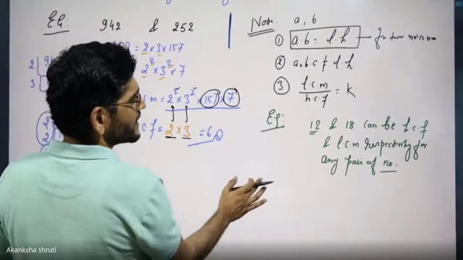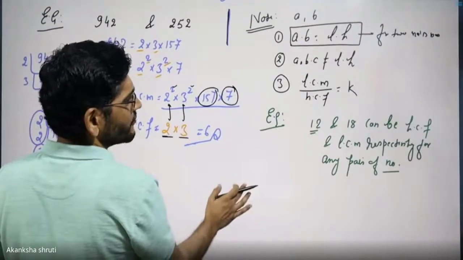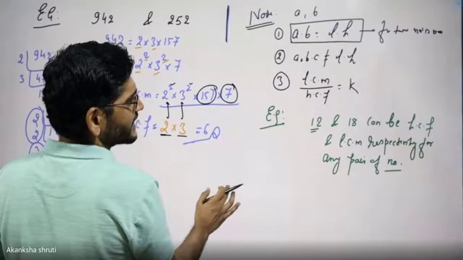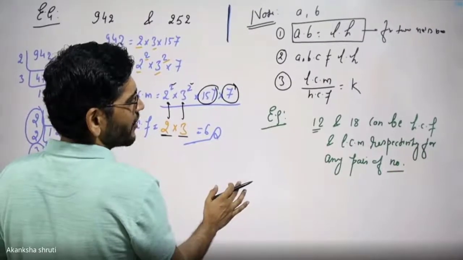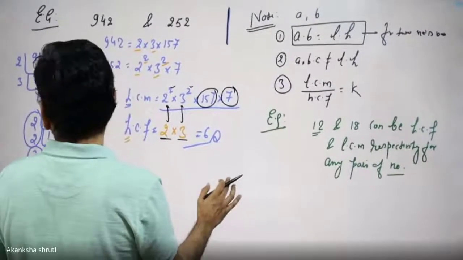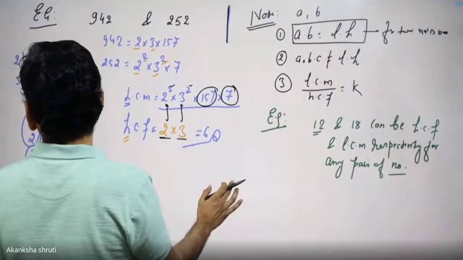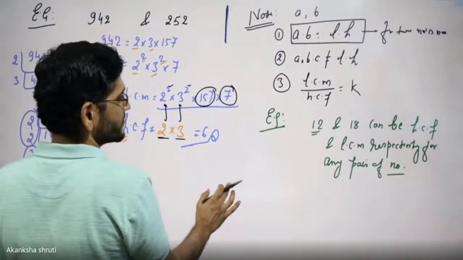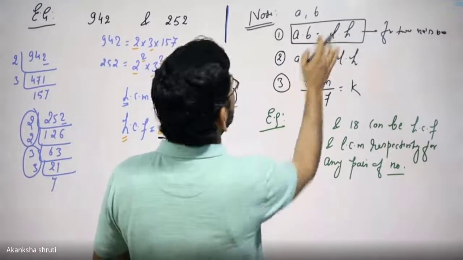Here, what is being asked is whether this 12 and 18 can be the pair for LCM and HCF or not. Only that one we have to determine.